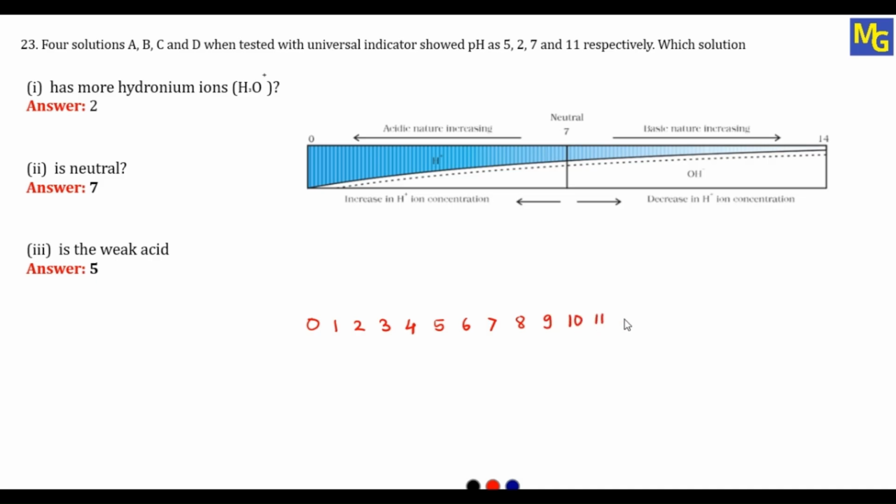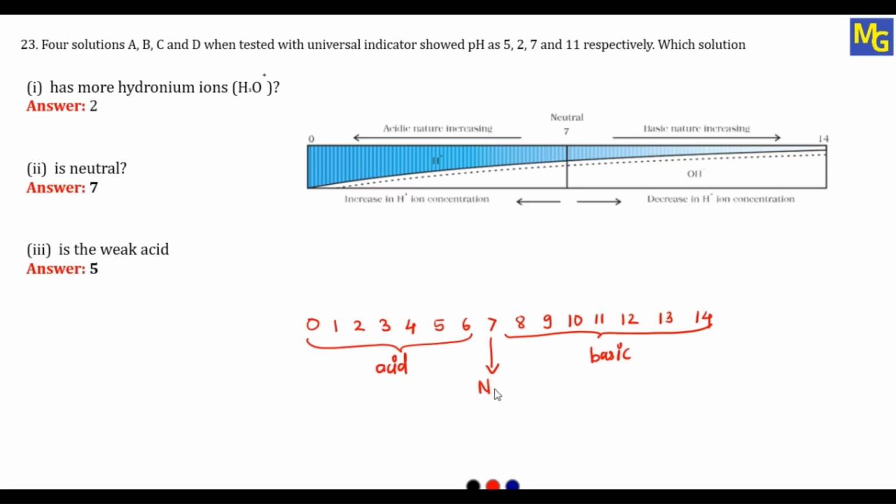In this pH range, 0 to 6 is called acidic and 8 to 14 is called basic. And this 7 is called neutral.